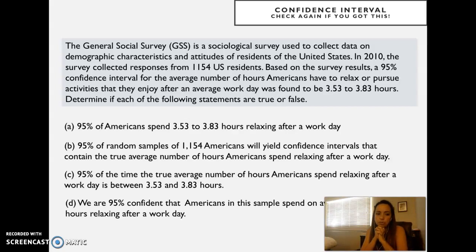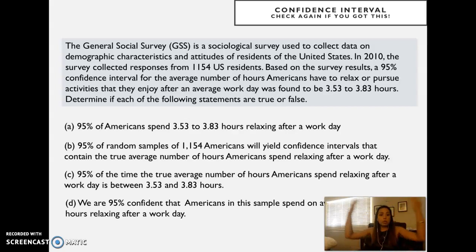Based on the survey results, a 95% confidence interval for the average number of hours Americans have to relax or pursue activities that they enjoy after an average workday was found to be 3.53 to 3.83 hours.